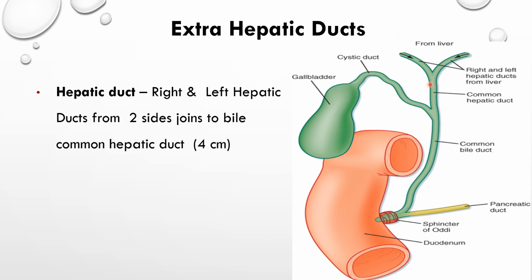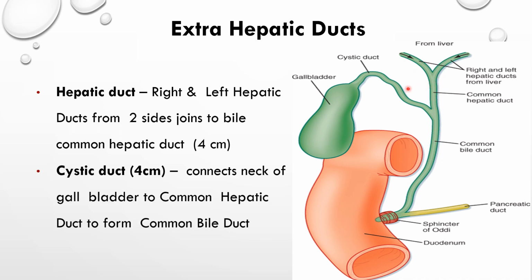Then the cystic duct, which is 4 centimeters in length, connects the neck of the gallbladder to the common hepatic duct to form the common bile duct. The cystic duct and common hepatic duct together form the common bile duct.